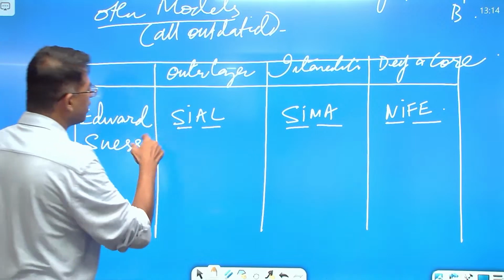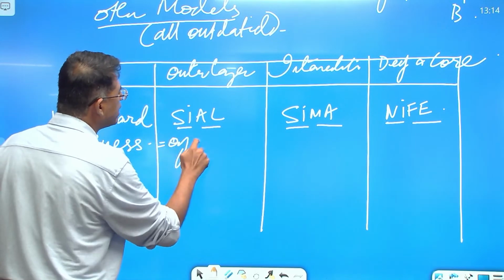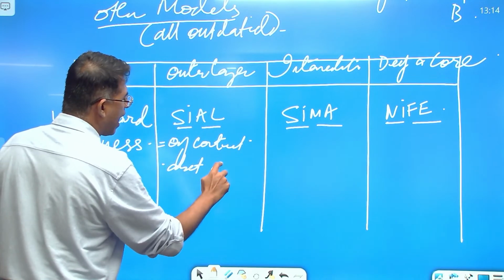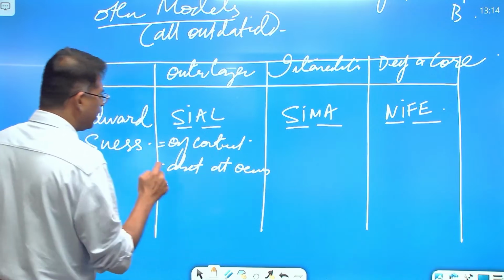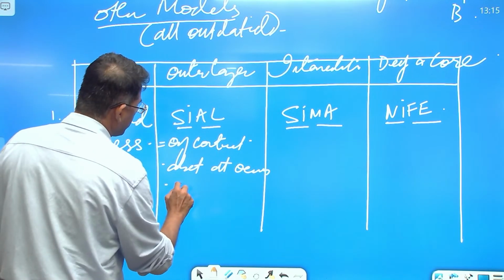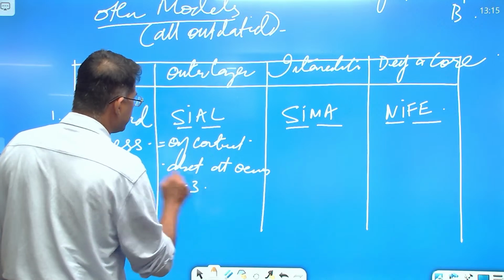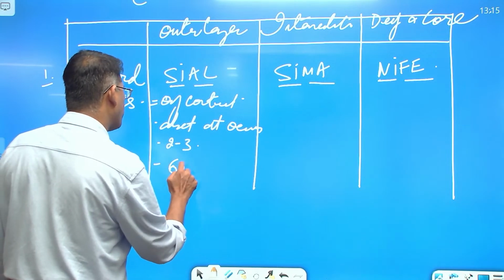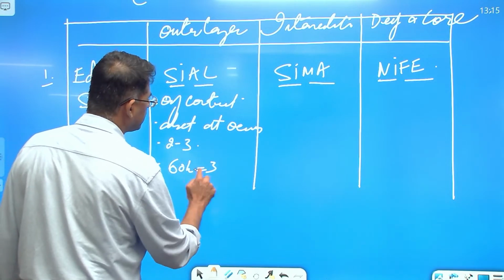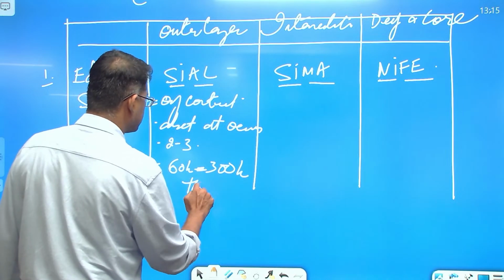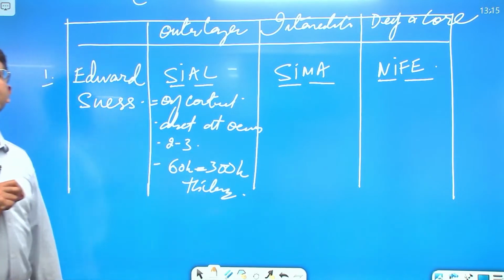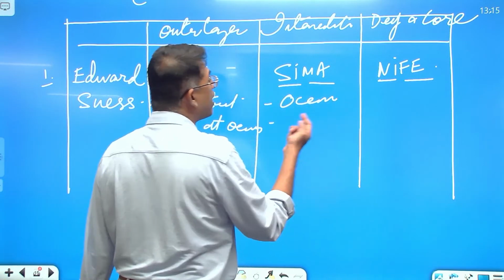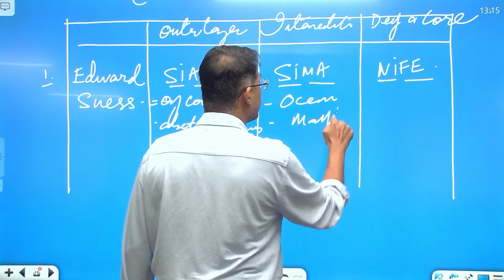And the Sial layer is only the continents. This is absent at the oceans. The density is approximately about 2 to 3. And this layer has a thickness of 60 kilometers, approximately up to 300 kilometers. And the Sima layer is the oceans. The Sima layer is the mantle also.